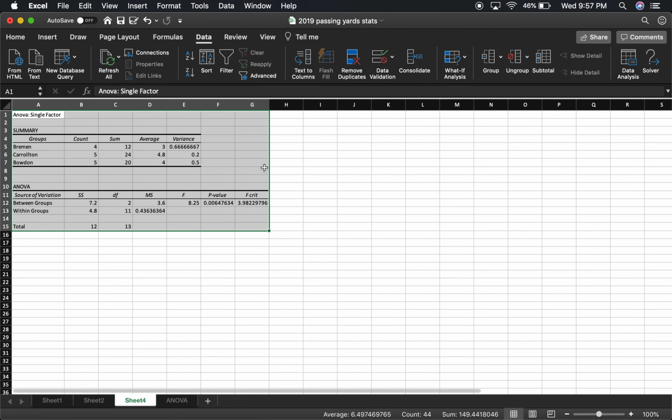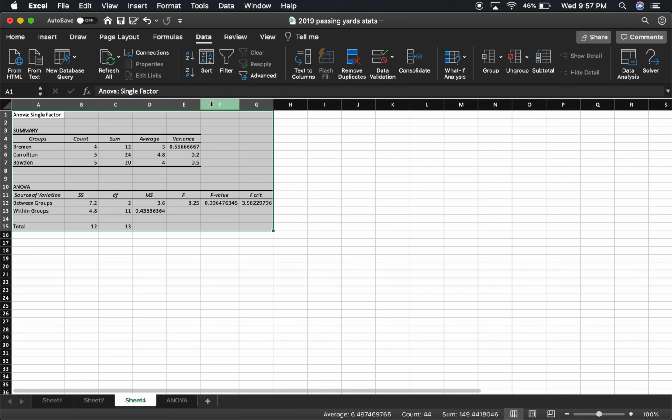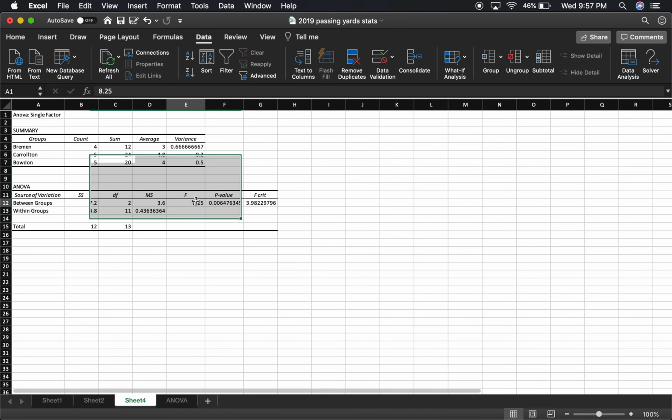Excel calculated all of this for us. Here's our F-stat, mean squared treatment, mean squared error, sum of squares treatment, sum of squared error, sum of squares total, our degrees of freedom. Excel does this for us.